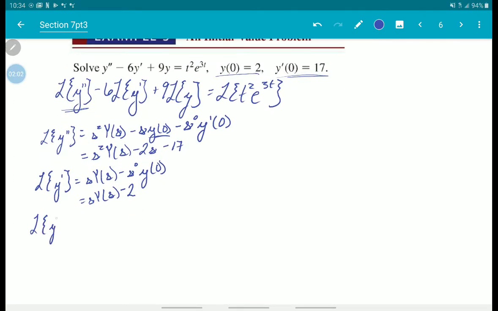The Laplace of y is equal to y of s. And then when we take the Laplace of t squared e to the 3t, that's going to require our s translation. So we could view this as t squared as long as we remember to take s to s minus 3.